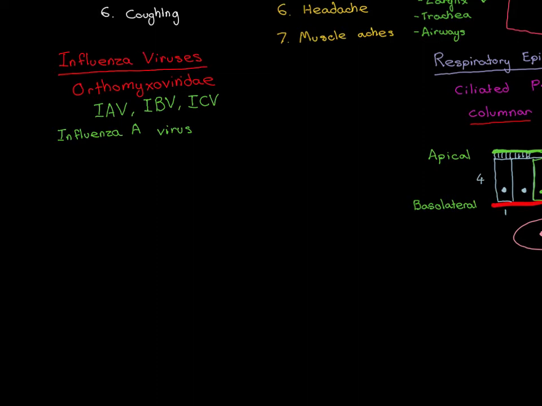They are not all identical to one another. So we often talk about different strains of influenza A virus, different strains of influenza B virus, and different strains of influenza C virus. This is an important concept. Each of these has lots of strains which are different types of influenza virus.